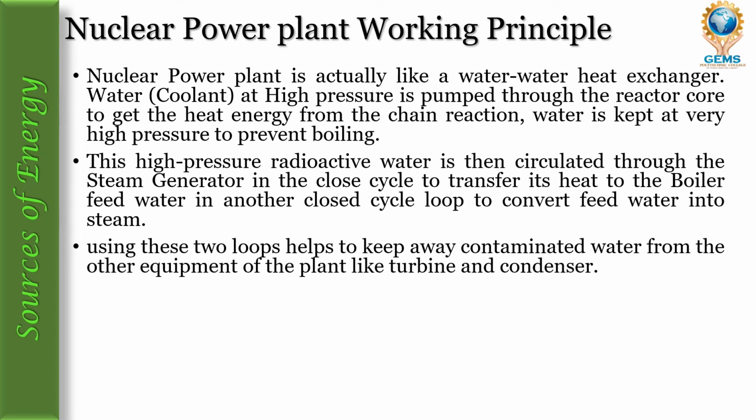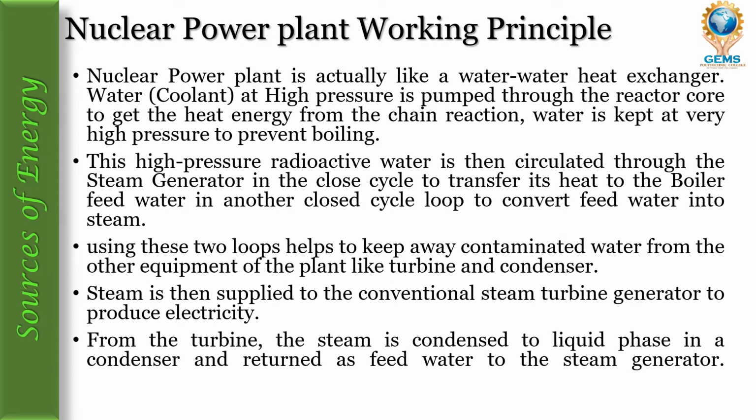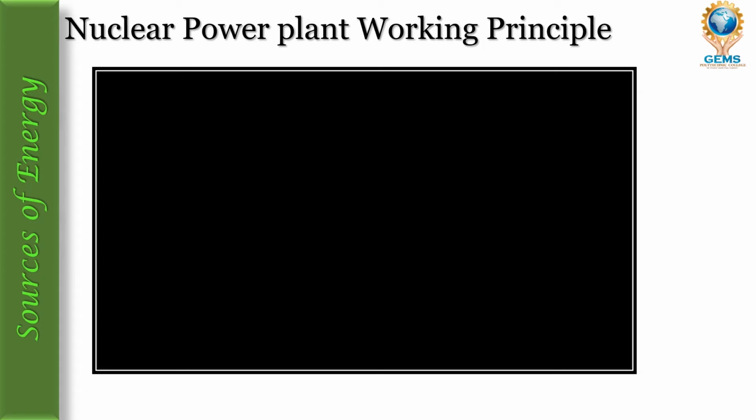Using these two loops helps keep contaminated water away from other equipment of the plant like the turbine and condenser. Steam is then supplied to the conventional steam turbine generator to produce electricity. From the turbine, the steam is condensed to liquid in a condenser and returned as feed water to the steam generator. Now let's see the video of how this nuclear power plant works.